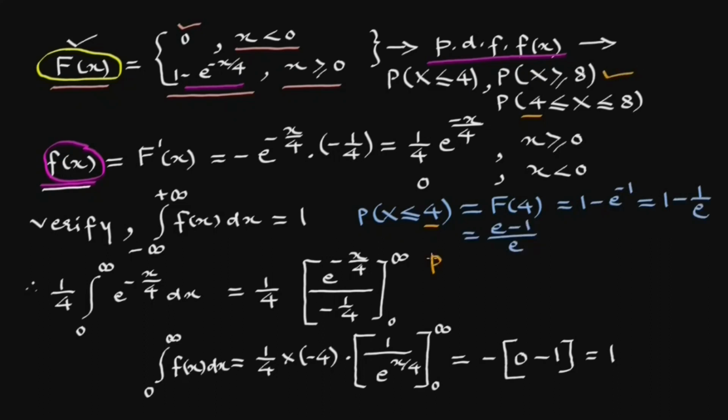Next we have to find the probability when x is greater than or equal to 8, where this 8 is the higher limit of the interval.